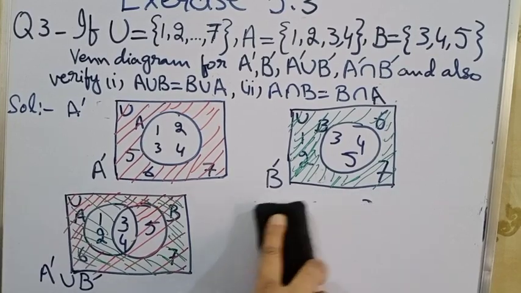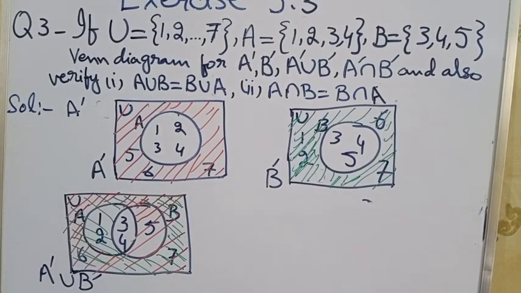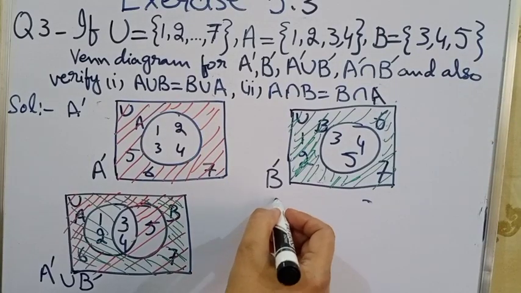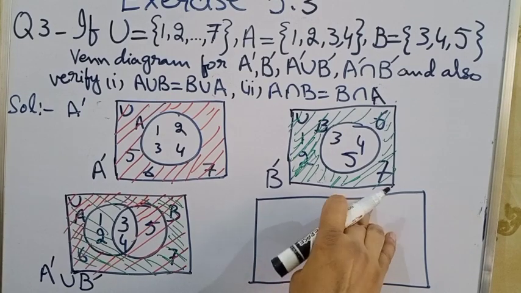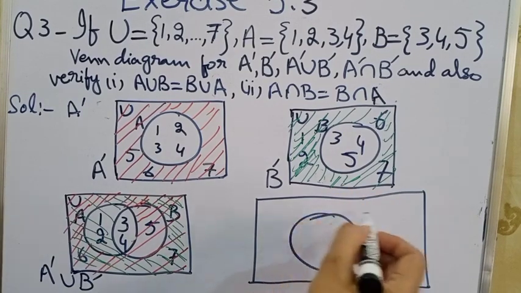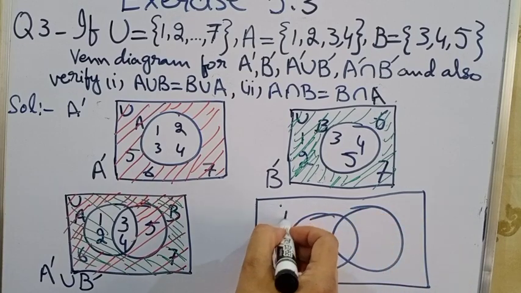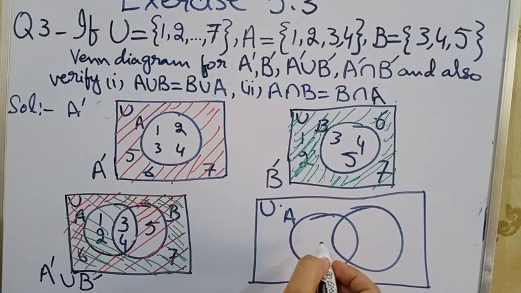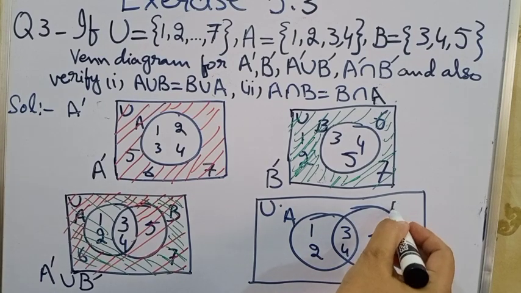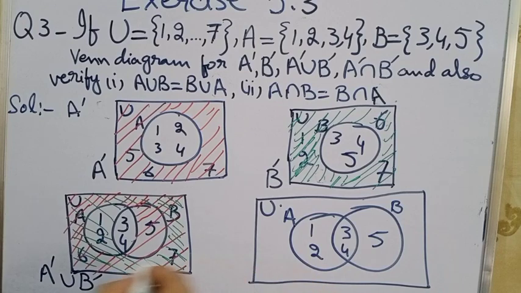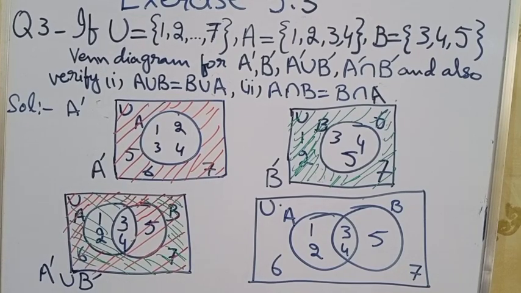Next we have A complement intersection B complement. We have to draw it here. Set A has elements 1, 2, 3, 4, set B has element 5, and the universal set has elements 6 and 7.